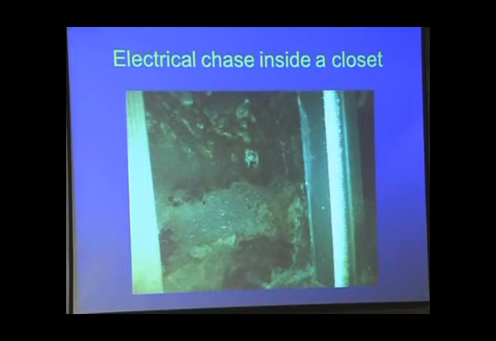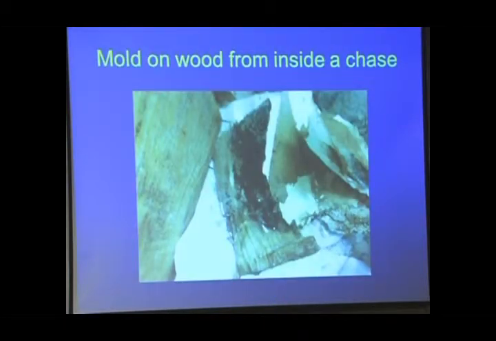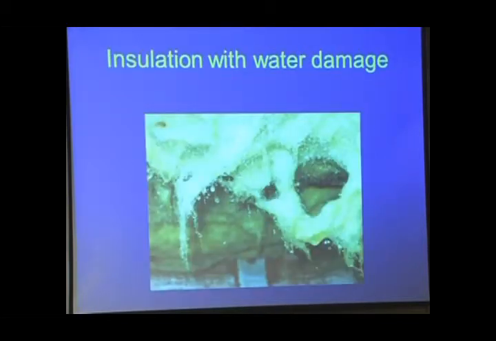And then this is an electrical chase, again, in our own hospital that became damaged when there was a leak that we didn't realize was there, a water leak. And you can see that the electrical chase, you can see heavy mold contamination. And this is wood from that chase after it was demolished. And then this is insulation with water damage.